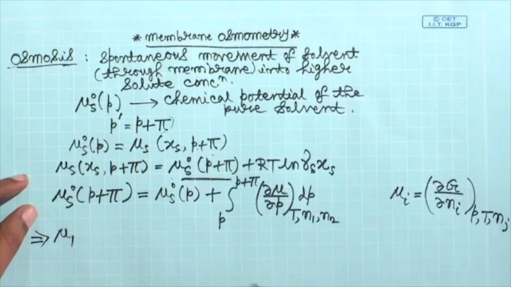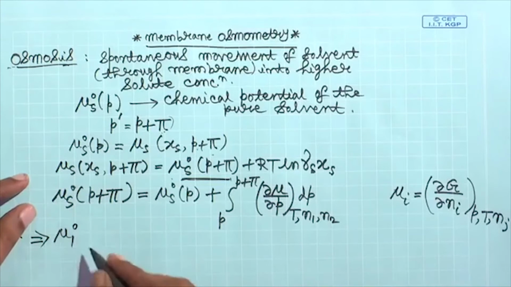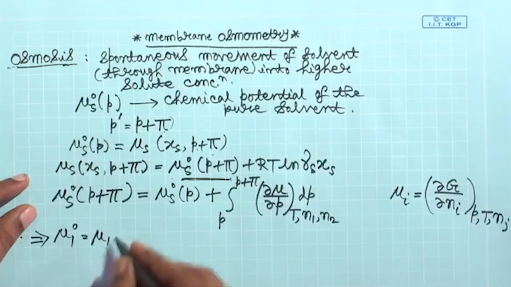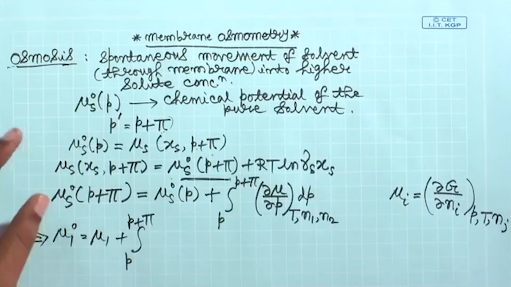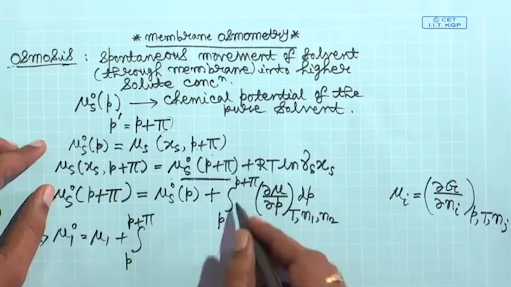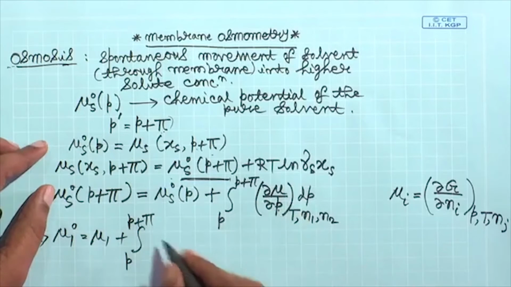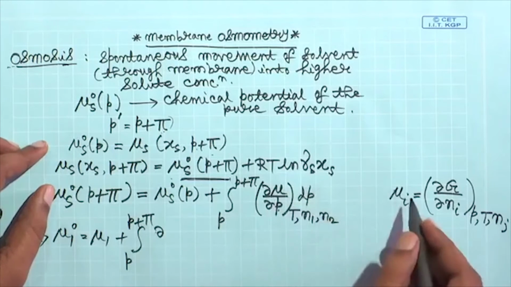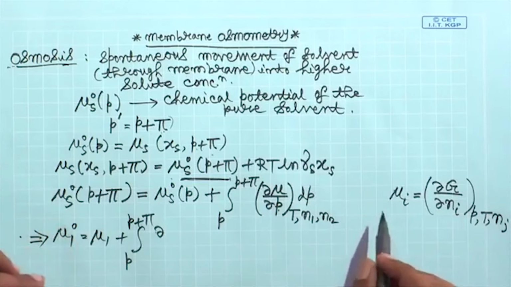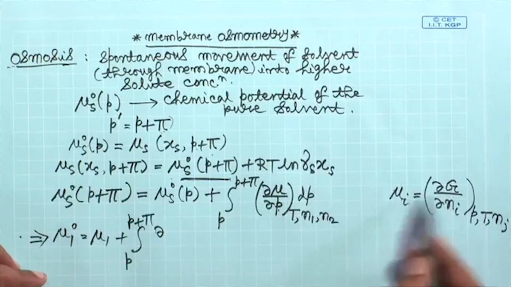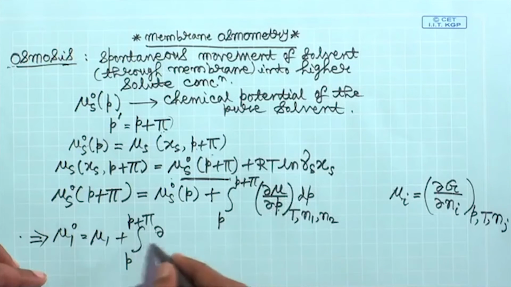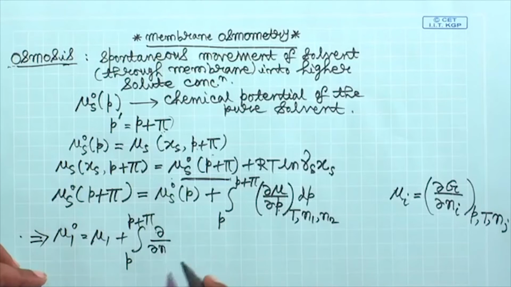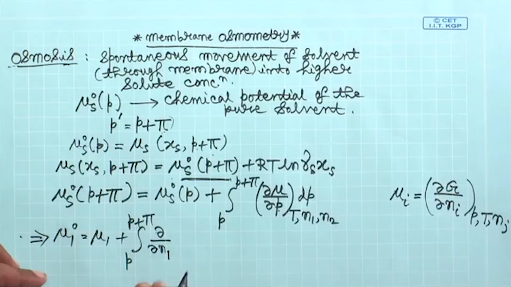So, mu 1 0 equals mu 1 plus the integral from P to P plus pi of del mu del P. G is related to mu in this condition this way, so you can write it as del del n 1, where the species is 1, let us say the solvent species.